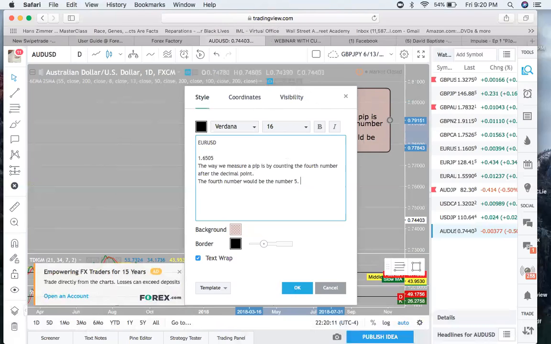So if the market went up from 1.6505 all the way to 1.6506, how many pips did the market go up? Does anybody know?